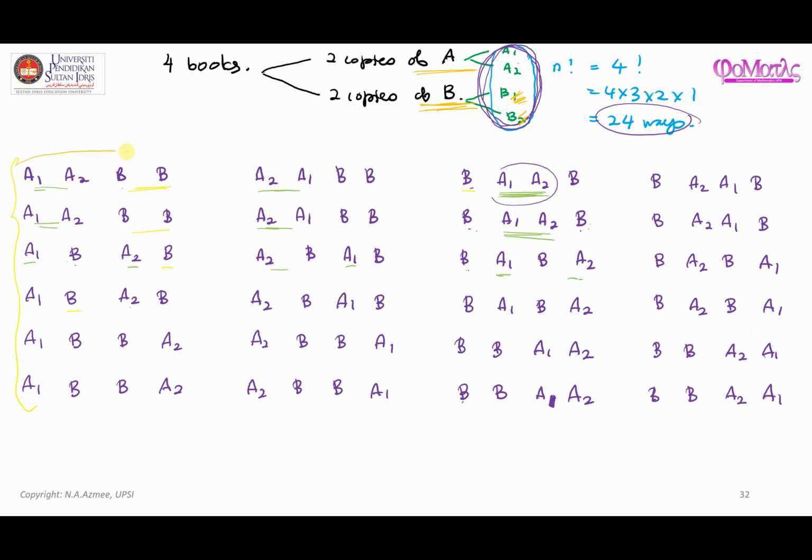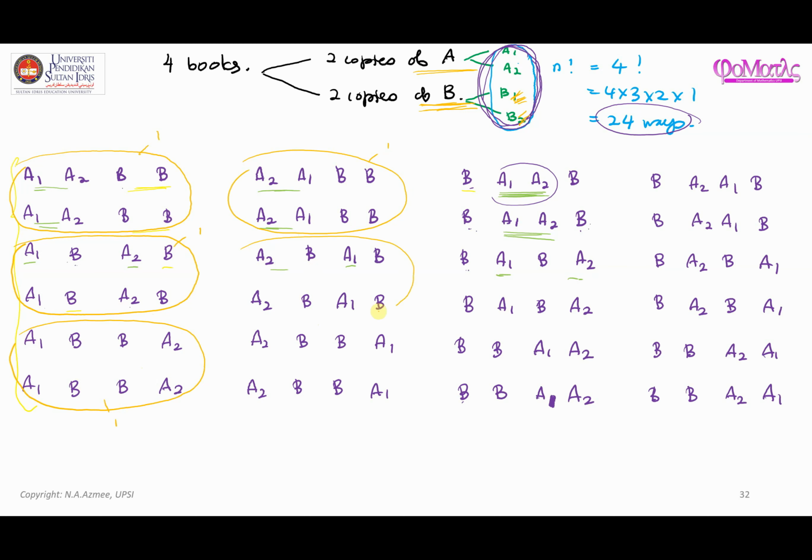When we get rid of it, we can see clearly that these two here give the same arrangement. This one also gives the same arrangement. They are similar actually. So this is actually one arrangement. This is also another arrangement. They are not different. And this one is also another arrangement. And this one is the fourth arrangement.